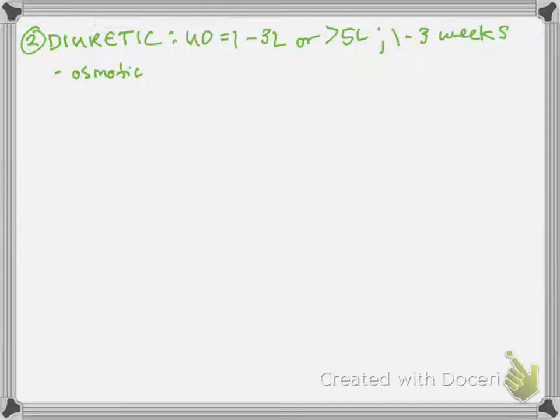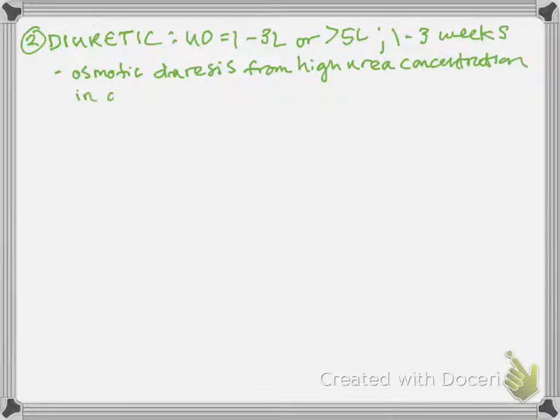The tubules in the nephron have a hard time concentrating urine, so we have osmotic diuresis from this high urea concentration in the filtrate, which basically pulls water out of the body, out of the intravascular space, compounded by the inability of the tubules to concentrate urine.